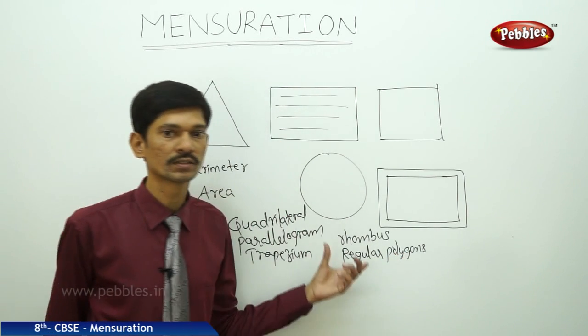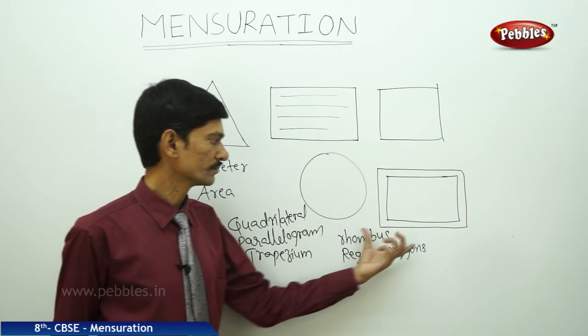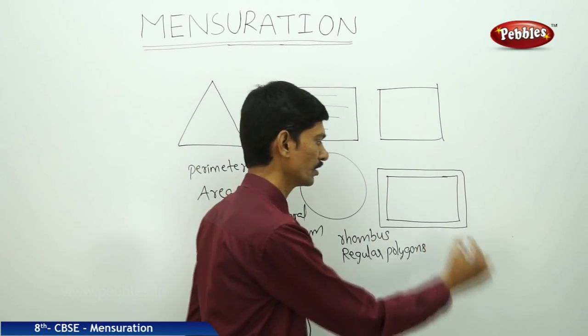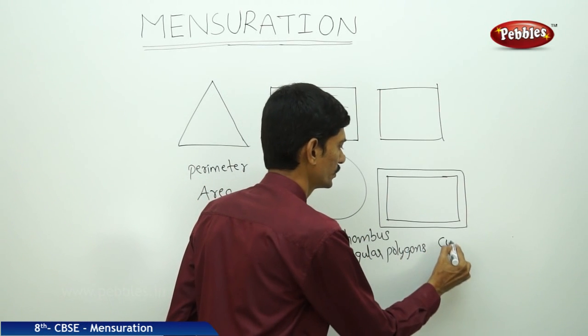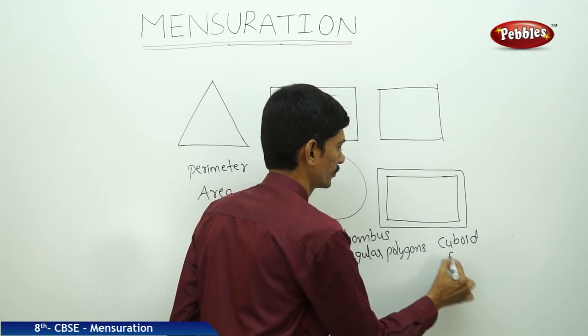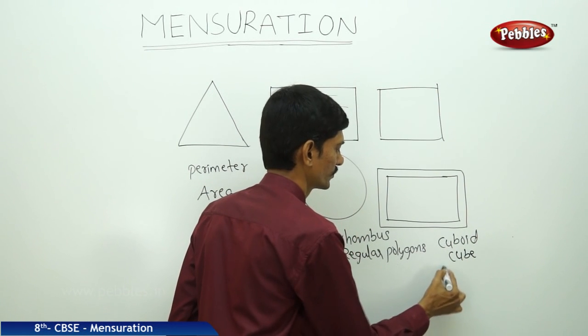And we will also learn to find the surface area and volumes of solid figures like cuboid, cube and cylinder.